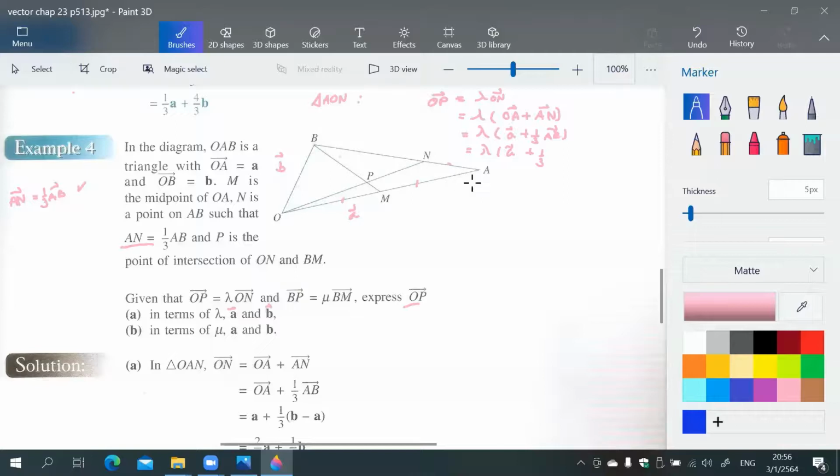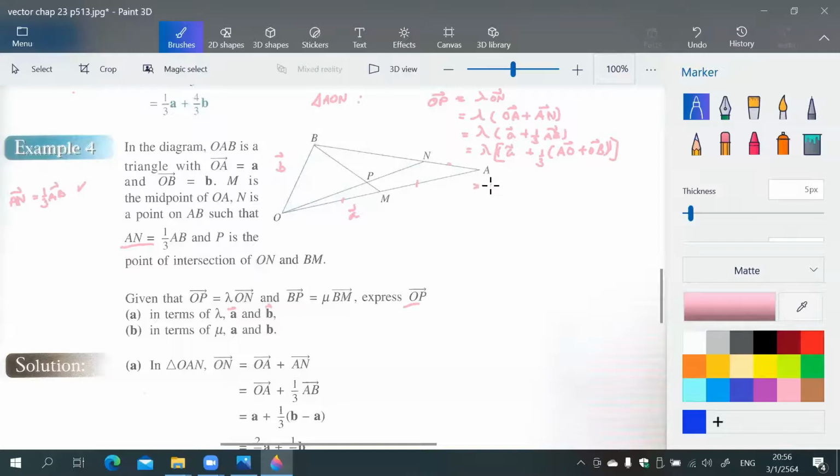So I can use the big triangle here, ABO, because I have this side data of OB and OA. So I replace this one. Okay, becomes AO plus OB. Vector AO plus OB. Common point O, I got AB here. Okay, so I close.